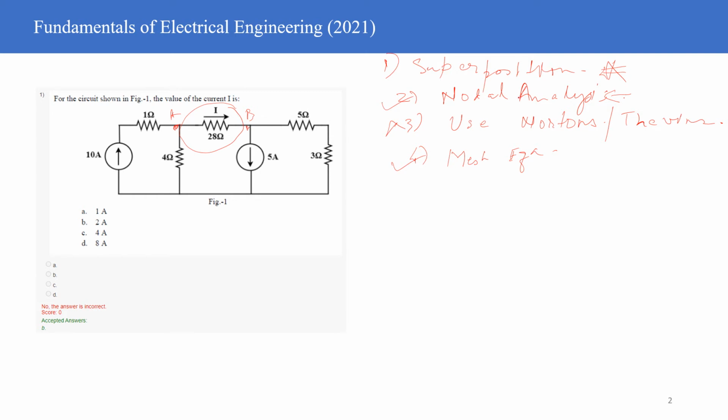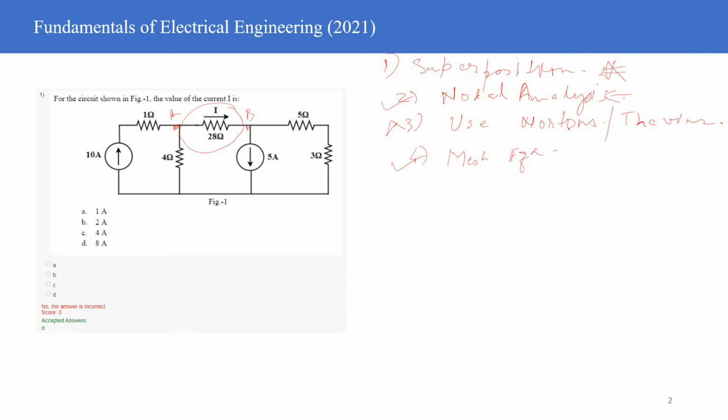So in total there are five methods of solving this particular question. Now the simplest could have been to use the superposition theorem, but since you have not been taught that, the other simpler thing could have been use of Norton's theorem, but you have not been taught that as well. So we'll go to the next simplest one, that is the nodal analysis, right?